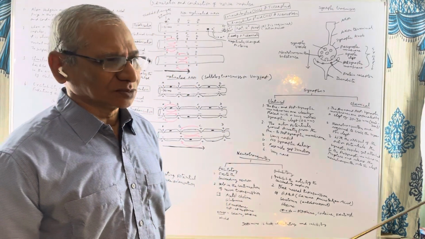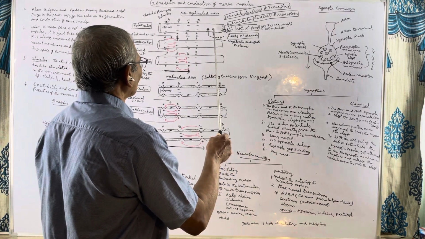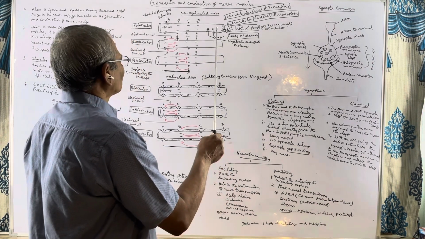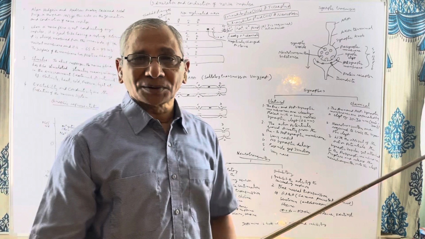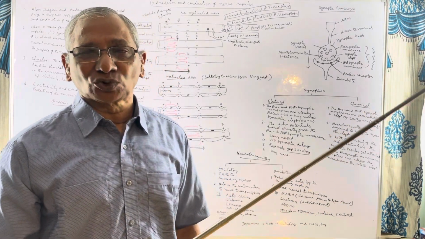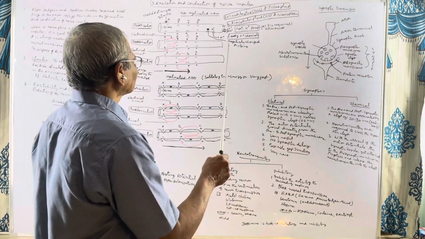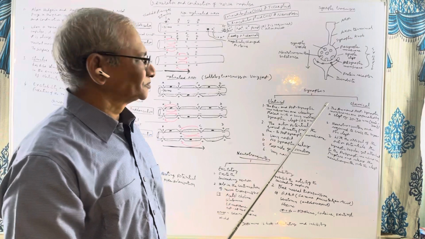These leaky potassium channels allow outward movement of potassium ions from axoplasm into the extracellular fluid. Sodium ions cannot escape like that. They don't have any leaky channels, whereas the potassium ions will be leaking out continuously from inside to the outside.